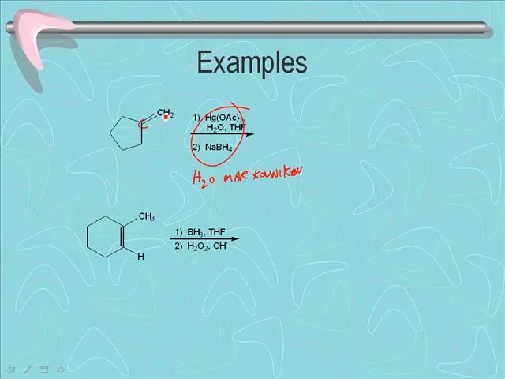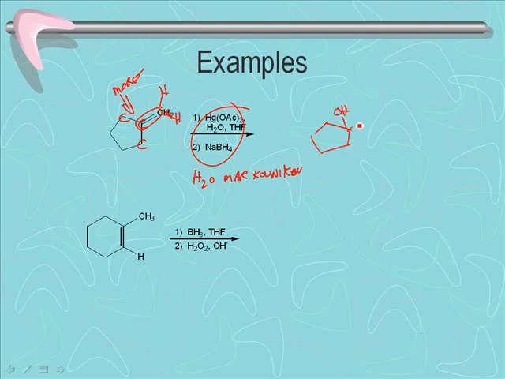So let's look at the carbon-carbon double bond here. The right-hand carbon has a pair of hydrogens on it. The left-hand carbon has two carbons on it. And so the left-hand carbon is our more substituted carbon. The right one is our less substituted carbon. And as a result, the hydrogen is going to go to the less, and the OH is going to go to the more. So we'll have our five-membered ring.